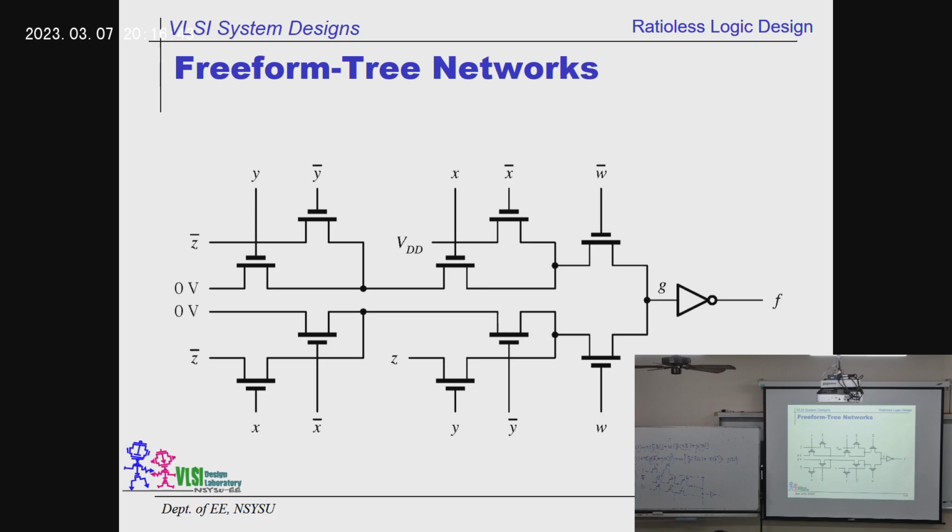Basically, if you can derive the equation like this, down to the last variable, then you can draw these circuits, no problem at all. It's ugly, it's not pretty, but the functionality is good. It works.